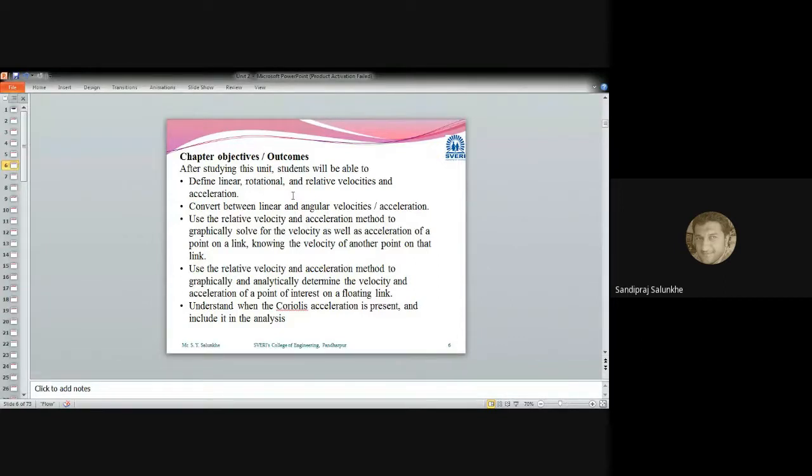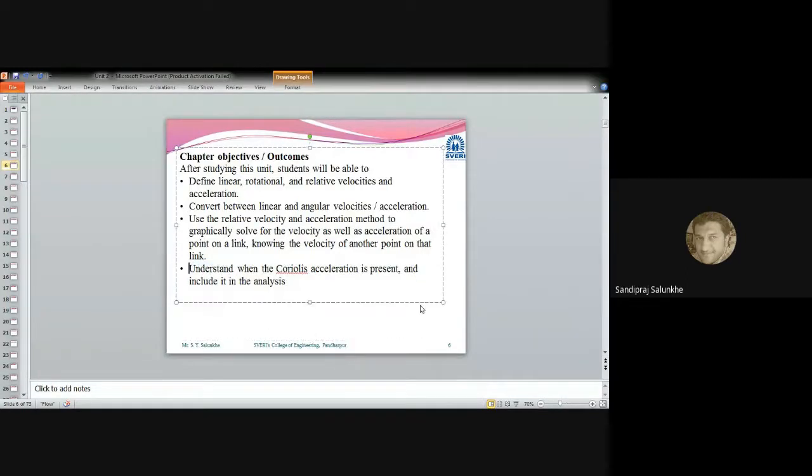Then use the relative velocity and acceleration method to graphically solve for the velocity and acceleration of points on the link. That is, we will be able to find the velocity and acceleration of an interested point with the help of the graphical method. Then there is the analytical approach, which we are not going to use, so I'll skip it.